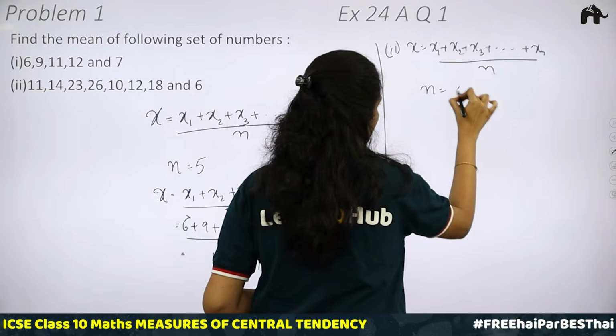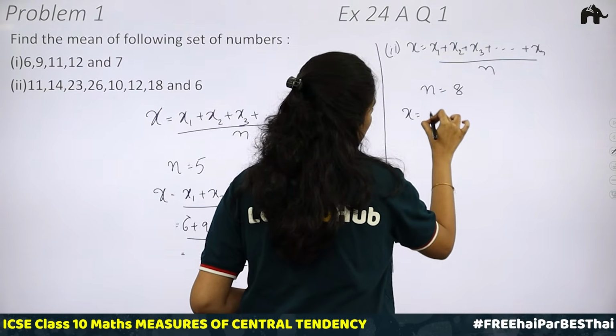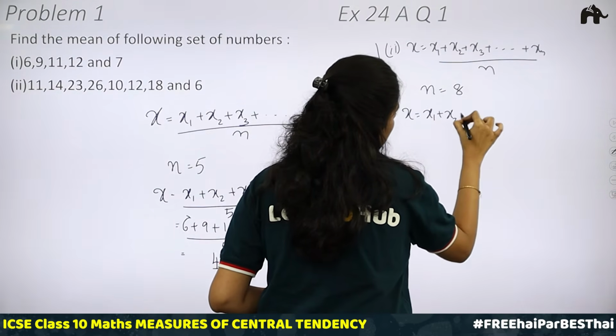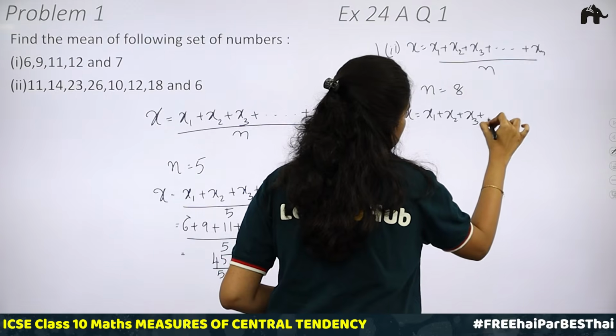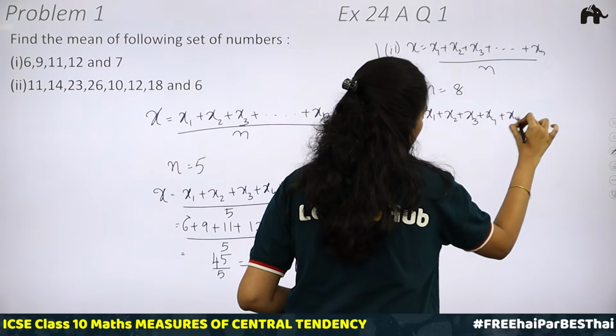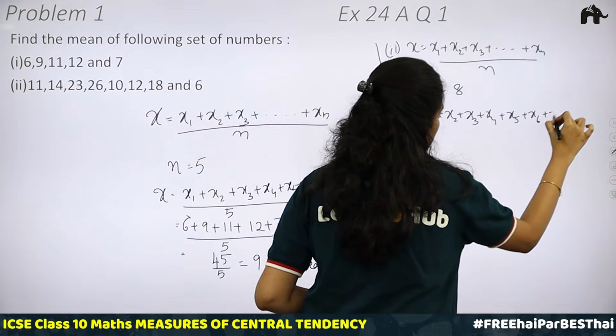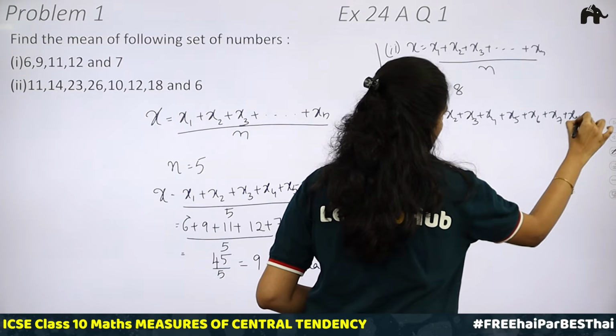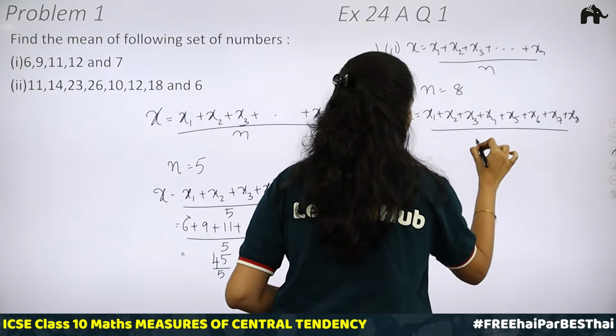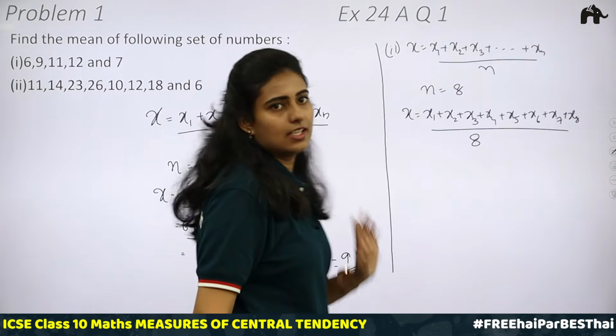N is equal to 8. We can write x is equal to x1 plus x2 plus x3 plus x4 plus x5 plus x6 plus x7 plus x8 whole divided by n, that is 8.